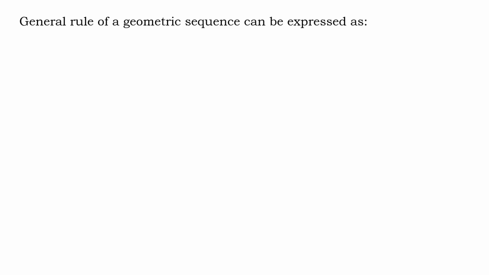We will have now an example, but before that, kailangan natin ng formula. The general rule of a geometric sequence can be expressed as ito yon. This is the formula in solving geometric sequence. A sub n is equal to a sub 1 times r raised to the power of n minus 1.